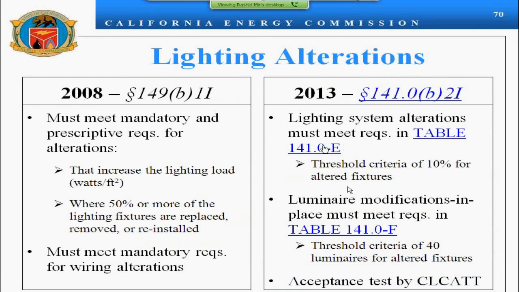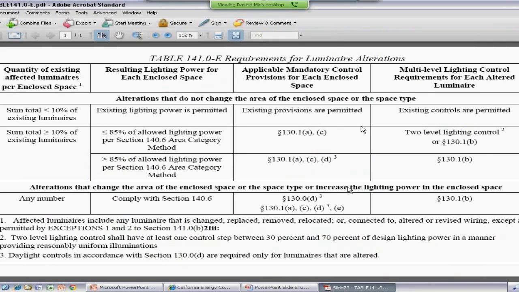These types of alterations must satisfy the requirements in Table 141.0-E, which is included in your handout. And what you see here is there are requirements for alterations that do not change the area of the enclosed space or the space type, and alterations that either change the area of the enclosed space or increase the lighting power.